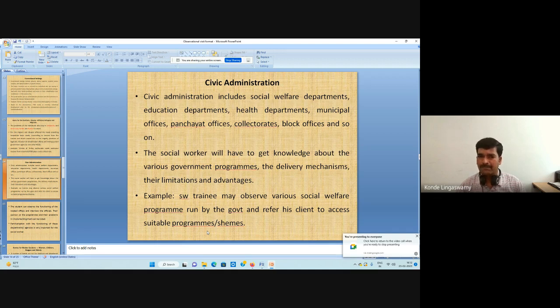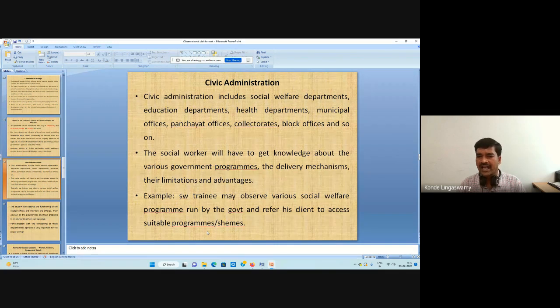Civic administration is completely government departments. It includes social welfare departments, women and child welfare department, education department, health departments, municipal offices, panchayati offices, district collectorates, and all government functionaries under this civic administration.